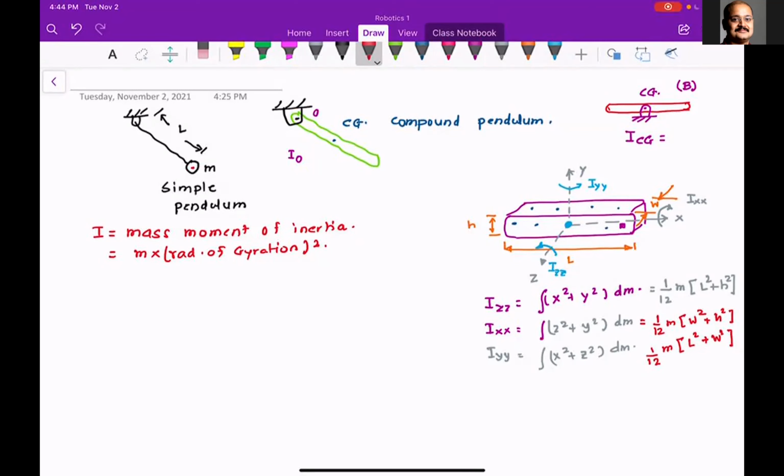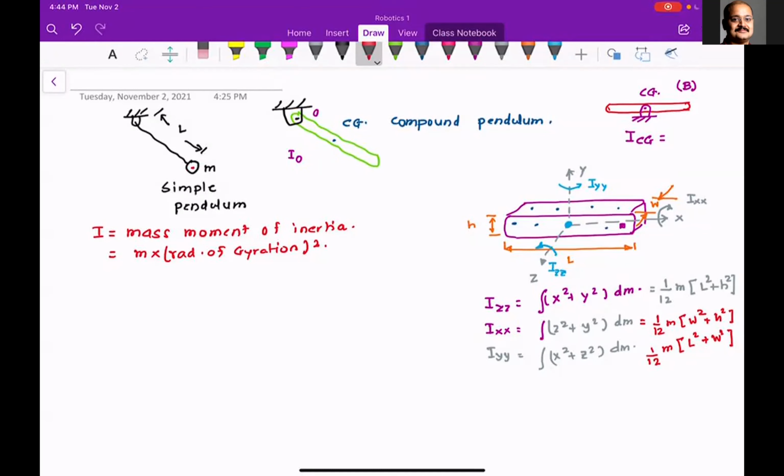So how do you find out the moment of inertia for practical robots? It is almost impossible to find out mass moment of inertias by hand. You have to use a numerical technique or some sort of CAD software that will look at the mass distribution and use computer algorithms to find out the mass moment of inertias.